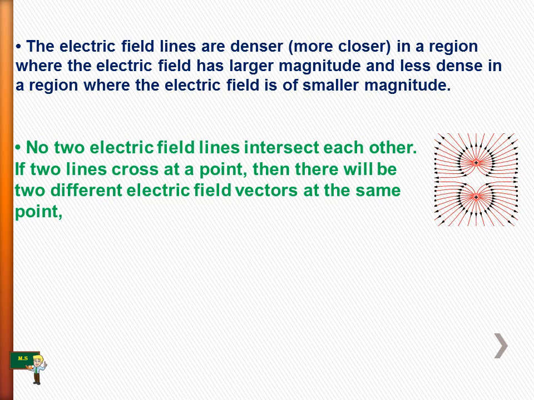If two lines cross at a point, then there will be two electric field vectors at that same point. Then if some charge is placed at the intersection point, it has to move in two different directions at the same time, which is physically impossible. So the electric field lines never intersect each other.